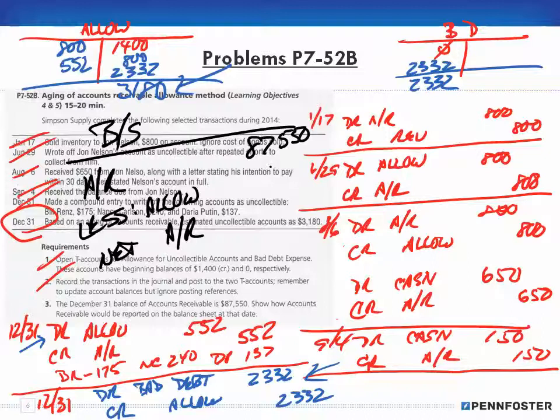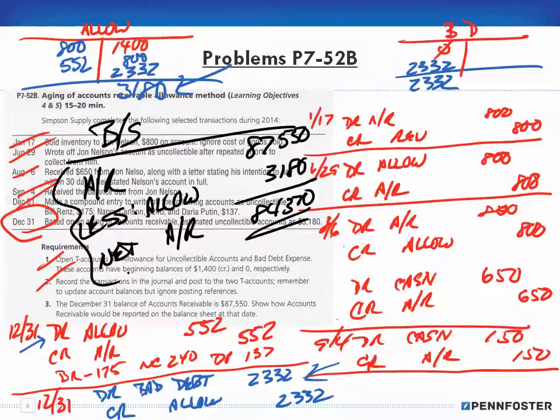The allowance is 3180, so my net accounts receivable would be $84,370. All right, so that's what my balance sheet would look like for my accounts receivable section. Okay, and that would be at December 31st. Right, so that would be the date.